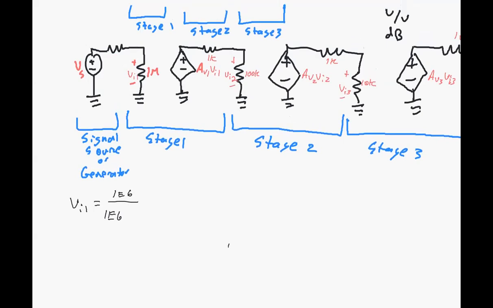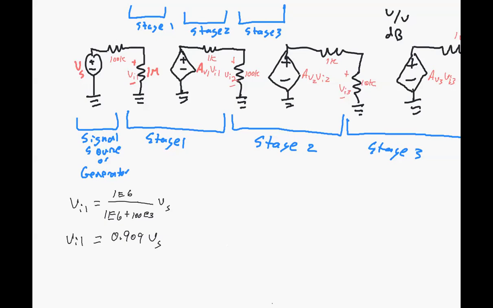I'll give you a value there of, we'll call it 100K. So 1e6 plus 100e3, times Vs. That's a divider. And if we do the math, then we'd have 0.909 times Vs is equal to VI1. It's a divider, and that's what we get.